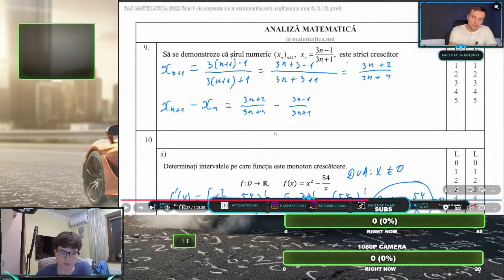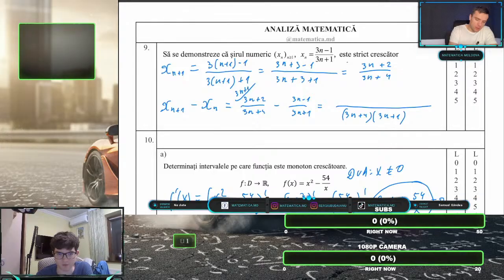So basically the n plus 1 minus the stuff at the beginning. Now we just put the 3n plus 4, 3n plus 1 there, pop it like this, pop it like that, boom.